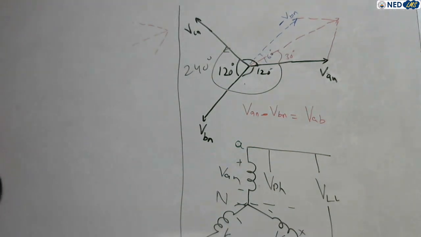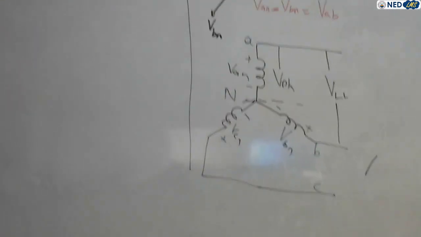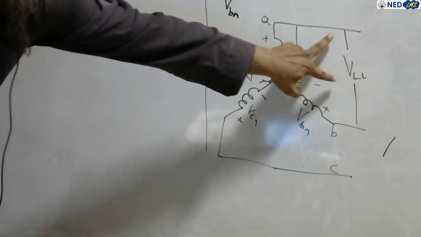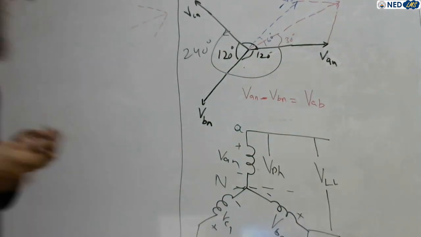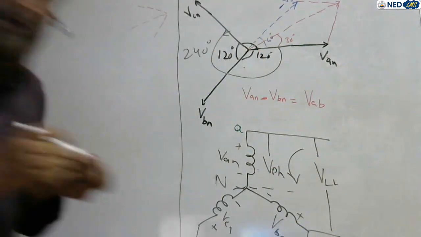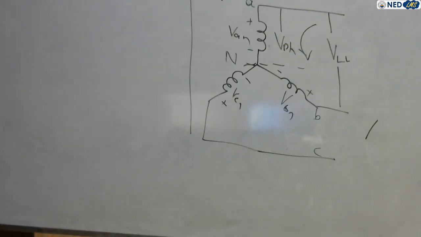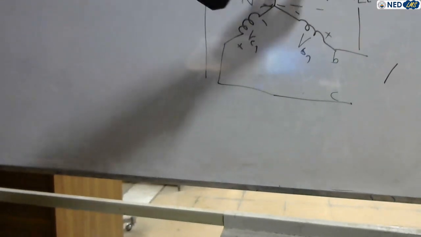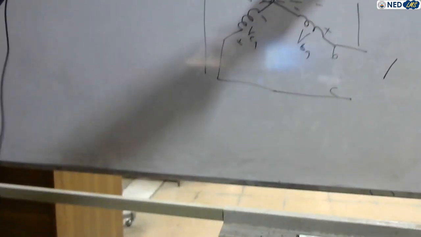In this star connection, the line voltage is the sum of two phase voltages. If you apply mesh analysis over here, VAN minus VBN equals VAB.